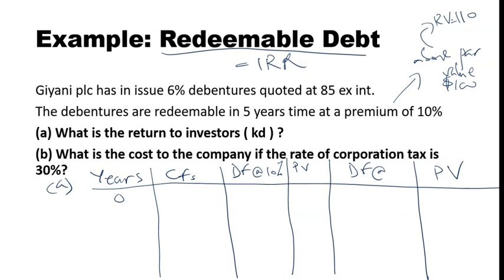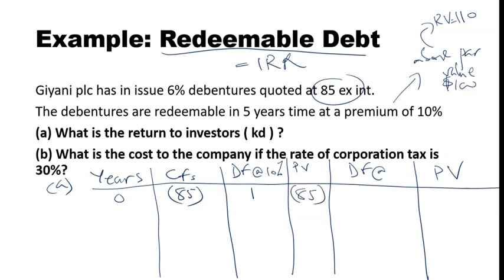So year 0. In year 0, we have the market value of the debt or the bond. Remember the terms debenture, bond, loan stock, etc. just refer to one and the same thing. So in year 0, we have got 85, which is an outflow, the investment. The discount factor for year 0 is always 1, and when you multiply, you get a PV of 85.